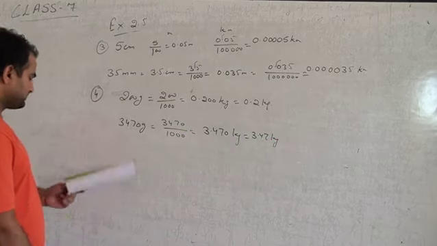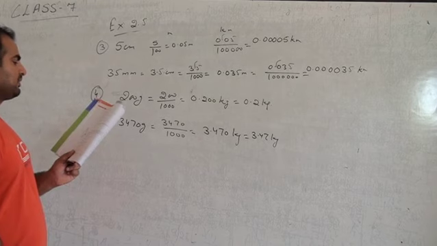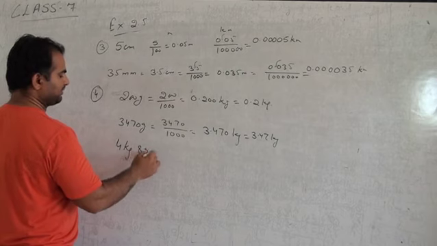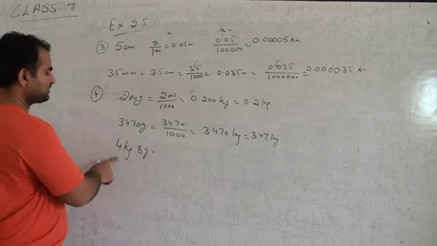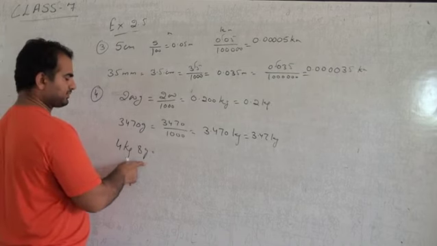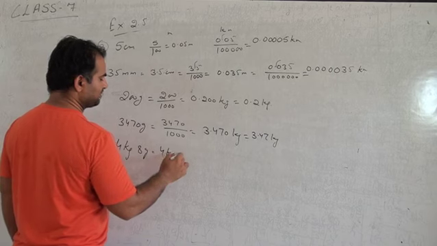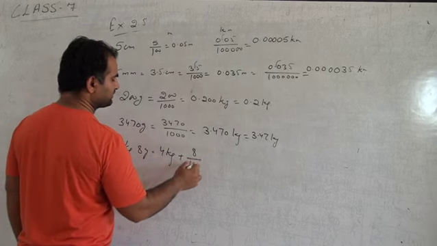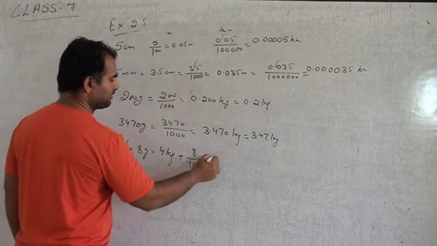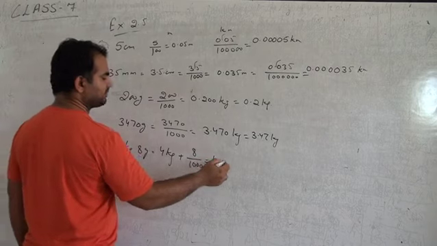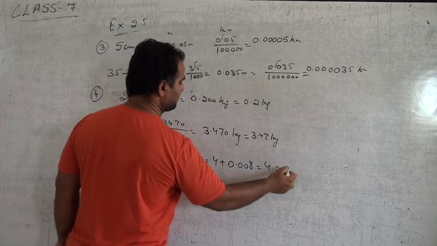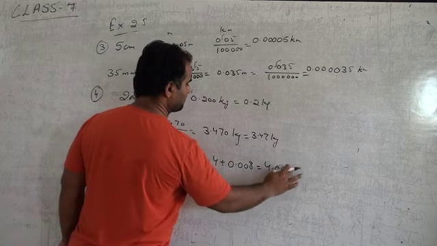Done. Next question is 4 kg 8 gram. 4 kg is already given in kilograms, so we have to convert only grams into kilograms. So it will be 4 kg plus 8 upon 1000, because 8 was in grams. So it will be 4 plus 0.008, which is 4.008 kg.